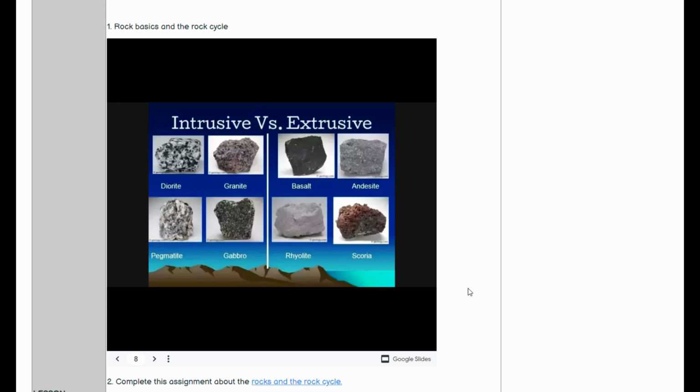So we'll talk about things like felsic versus mafic coming up on the upcoming slides. So recognize the names of these rocks based on what you see. And we will talk a little bit more about the properties when we get into that specifically.